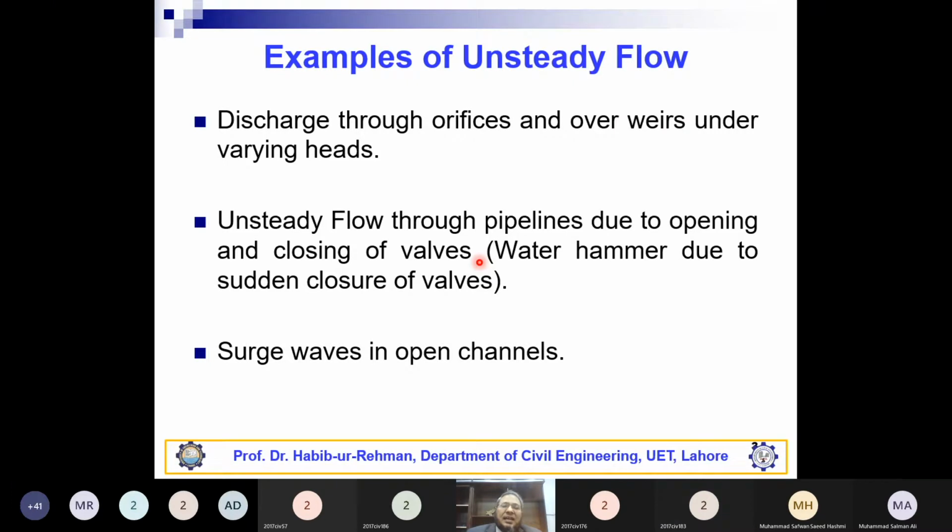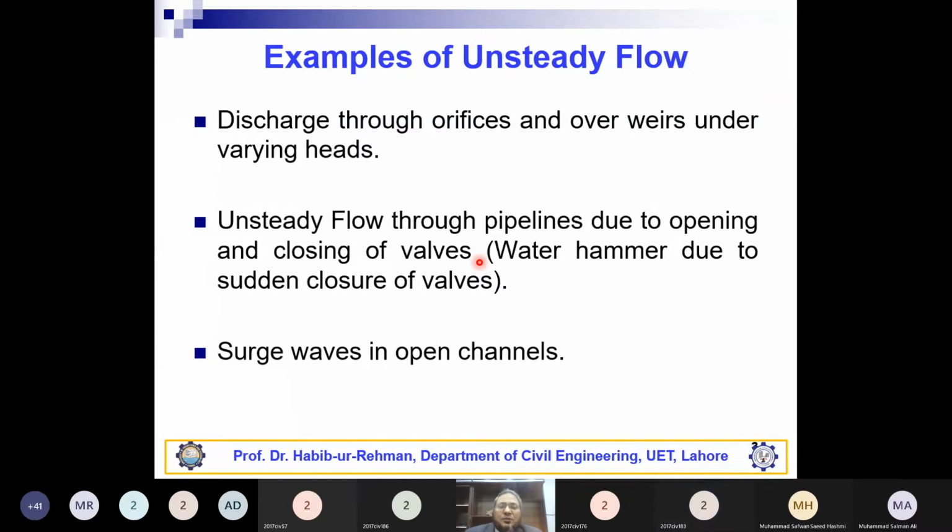As you open, the static pressure is highest, and as you open the valve, the velocity of flow will keep on increasing, but the pressure in the pipe will reduce. Similarly, when we close the valve, the pressure inside the pipe will keep on increasing, whereas the velocity of flow will keep on decreasing.